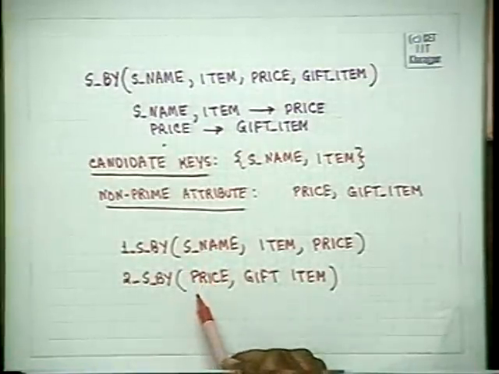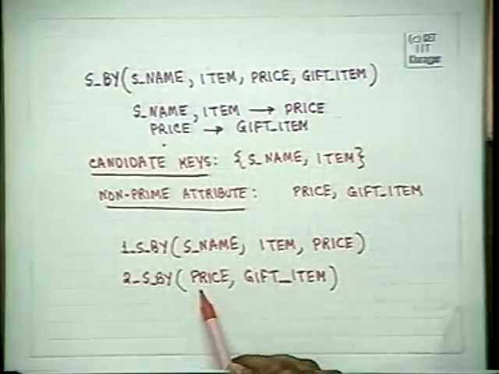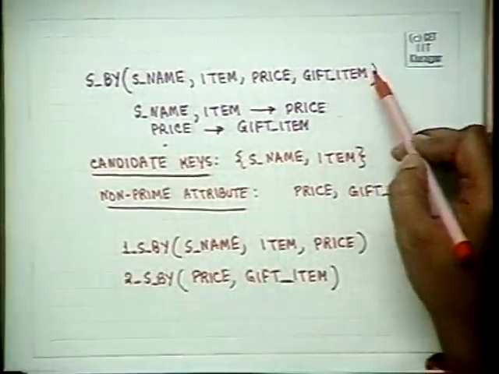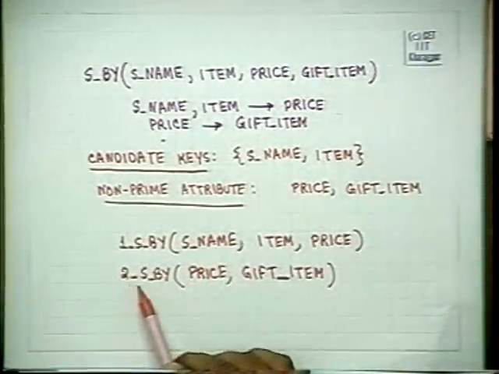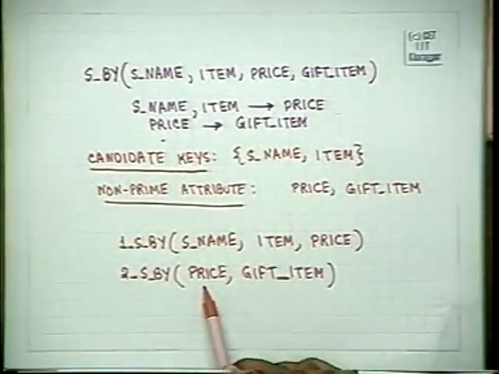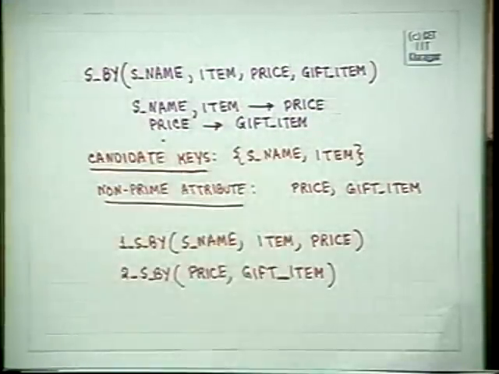This is a lossless join because price is a key here, and if we do a natural join, we are going to get back this one. Since price is a primary key in the second one, if we do a natural join with this and this, we are going to get back the original relation.